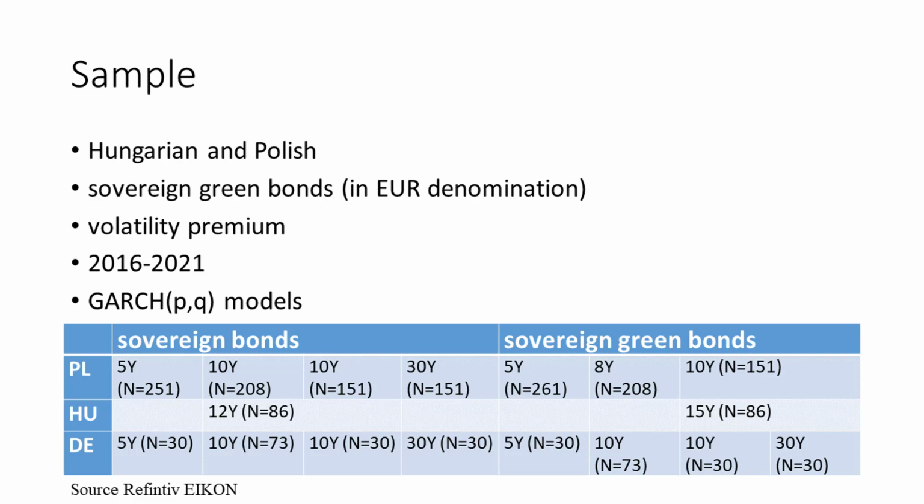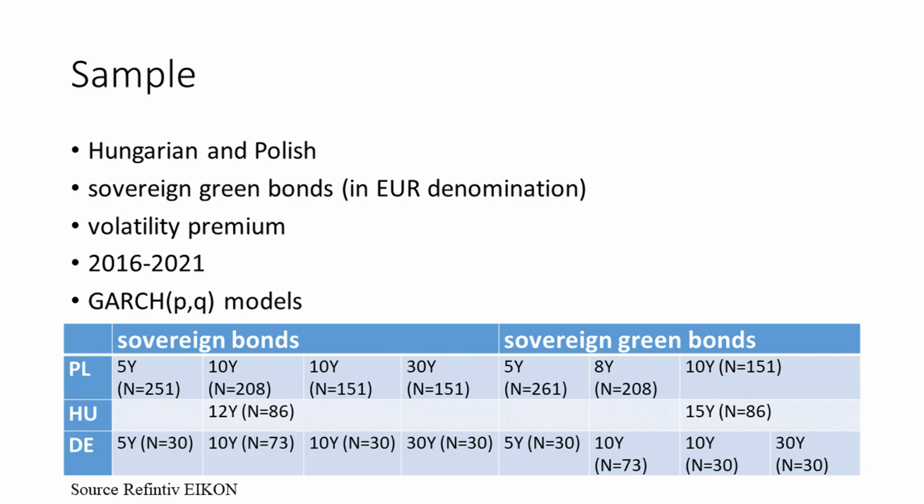What we did in our analysis is that we started to focus on volatility, because at least there is a consensus in the literature that maybe we can or cannot find a premium in the case of the yields, but at the level of pricing uncertainty, the volatility is higher in green bonds.